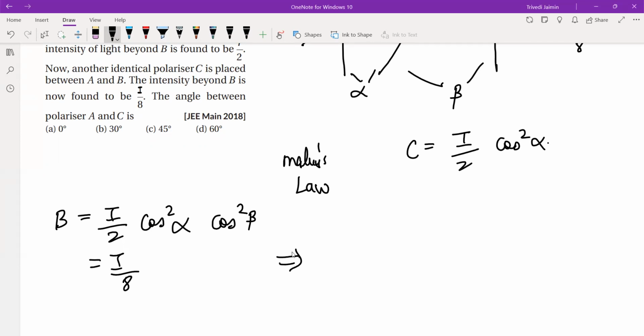So therefore we get 1 by 4 equals cos square alpha, cos square beta.